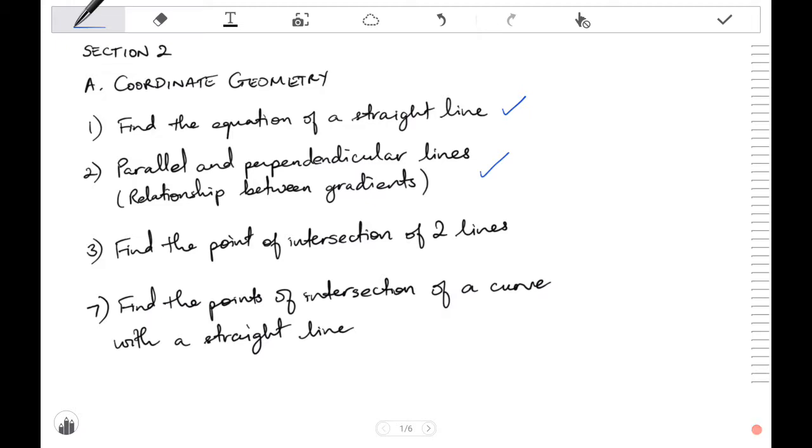And when we solve it simultaneously, we would be getting the coordinates of the points of intersection. So we will get an x value and a y value. So together that will form the coordinate. Similarly, if you want to find the point of intersection of a curve with a straight line, all that is required is that you use the equations and solve simultaneously.